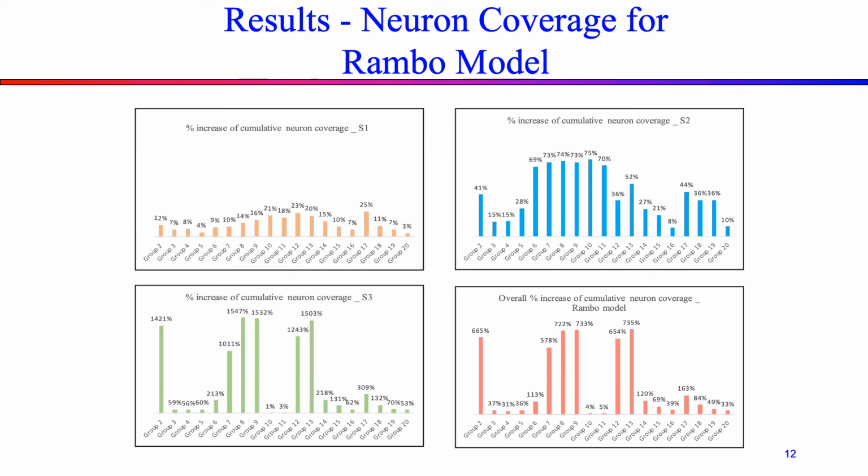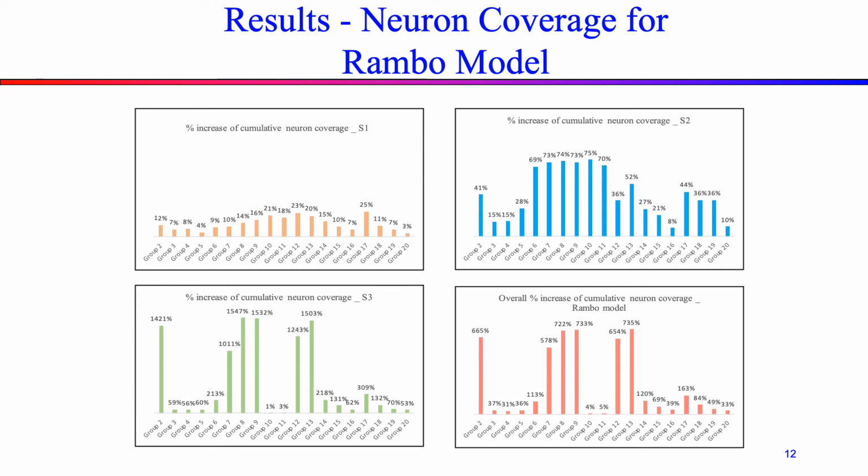Consider the case of S1. In S1, we notice a moderate increase in the number of additional neurons covered, especially for 4 groups, groups 10, 12, 13, and 17, where we notice at least a 20% increase in additional neurons covered by the T-way test set.